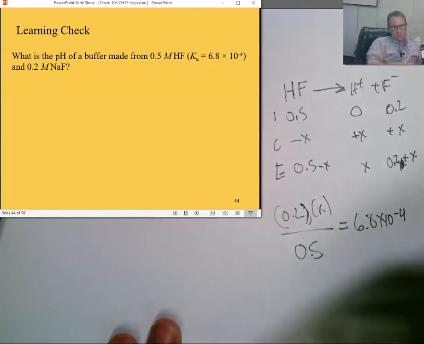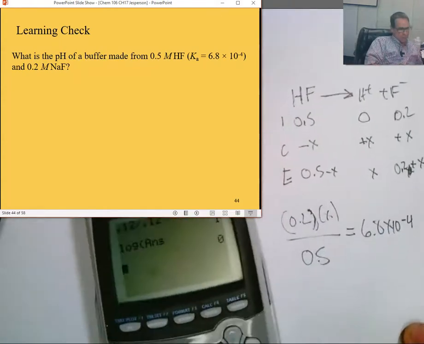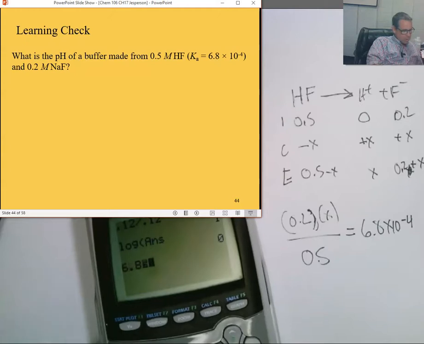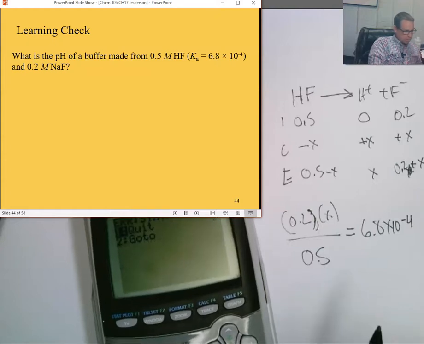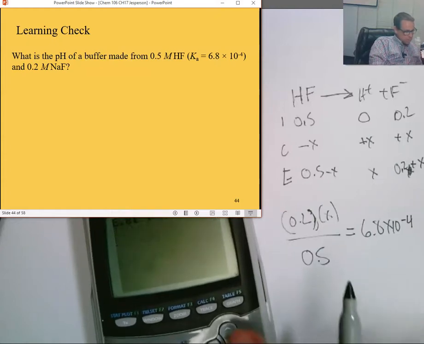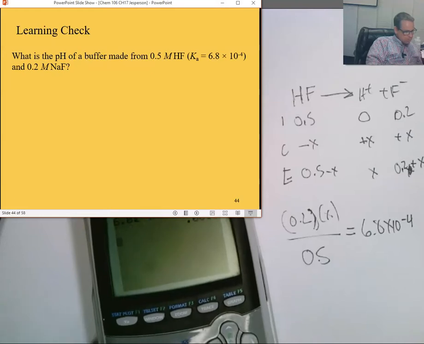All right, fabulous. I'll do this in the calculator here. 6.8 times 10 to the minus 4 times 0.5 divided by 0.2. I got 0.0017. What does that mean?